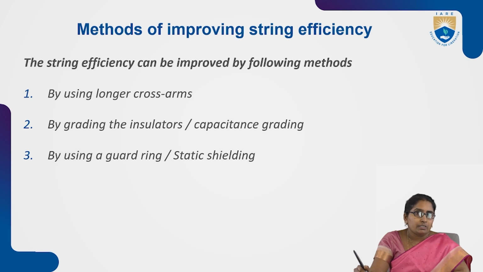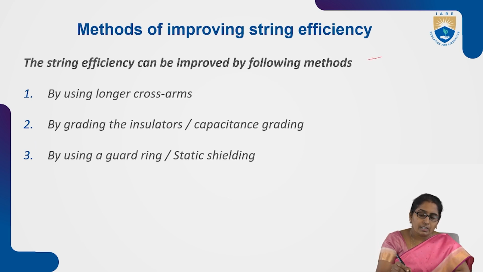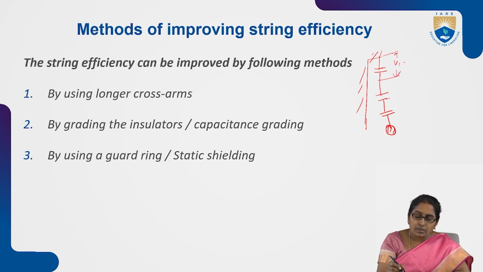Let us say there are 3 units. This is the bottom unit, the last one, near the conductor. This is unit 1, and the voltage across it is V1, then V2, and this is V3. So the total voltage is divided across the 3 units.